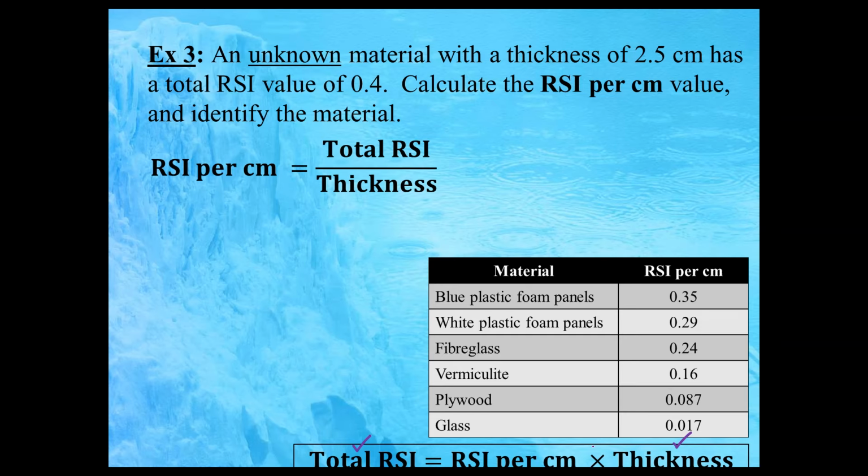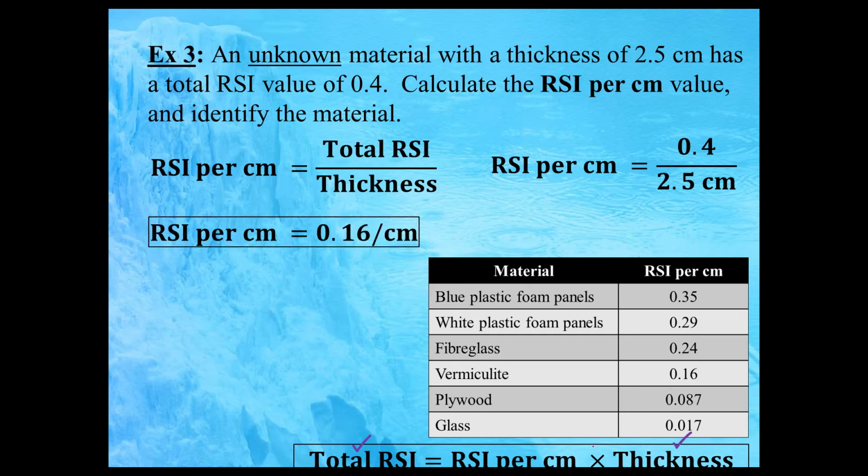If you manipulate the equation to do this, the RSI per centimeter would be the total RSI value divided by the thickness. So this would be equal to the total RSI, which is 0.4, divided by the material thickness, 2.5 centimeters. If we calculate this, this would give us an RSI per centimeter of 0.16 per centimeter.